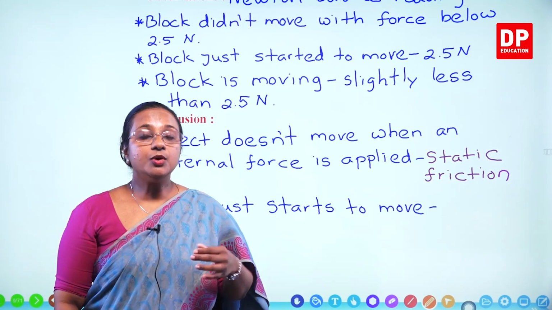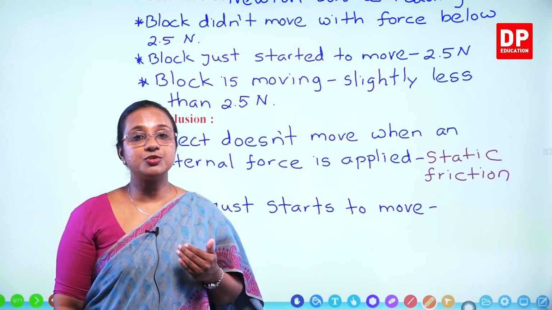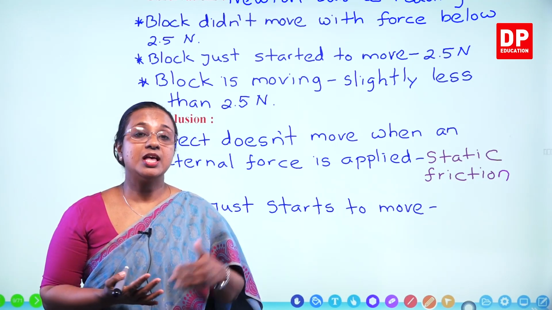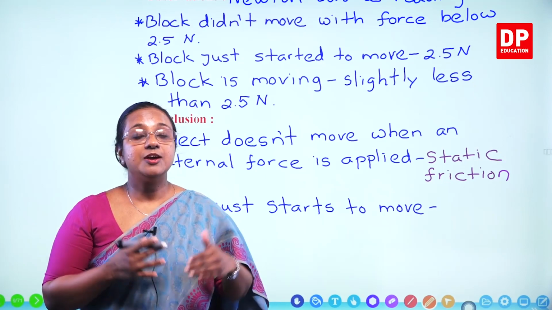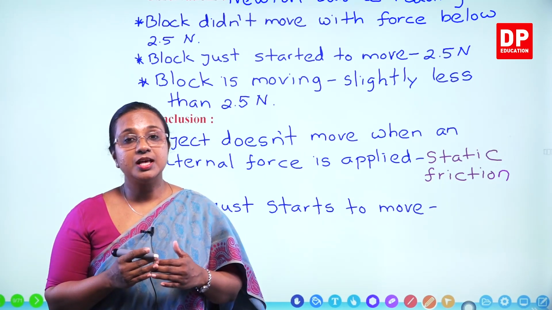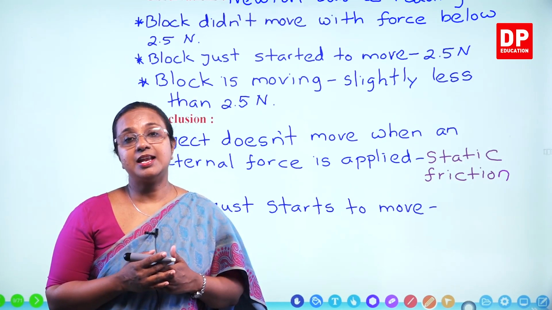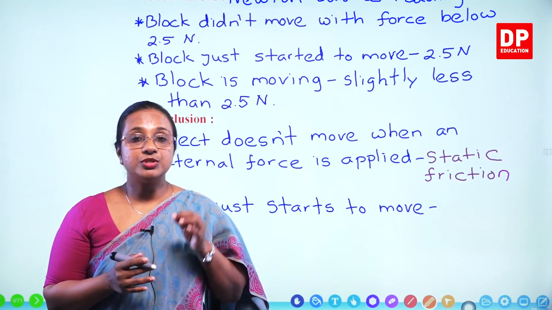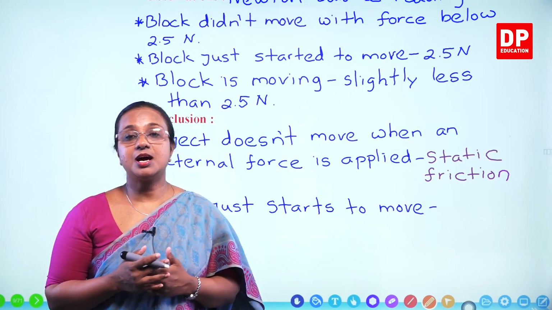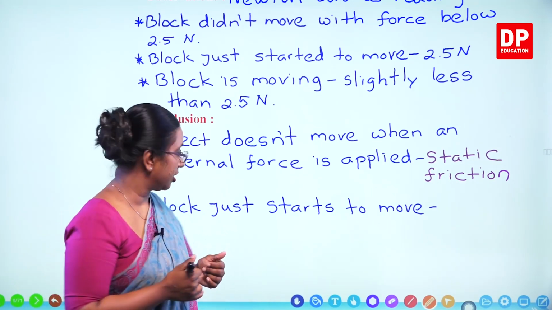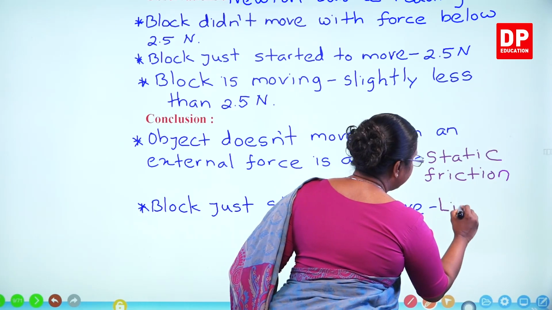That is still the static friction. Then at one point, the maximum possible value for frictional force is reached. Thereafter, the surface cannot increase the frictional force. That is what we call the limiting frictional force. Actually, when we apply a force slightly greater than the limiting frictional force, there will be an unbalanced force, and the block will start to move. But in the activity, we cannot find the force that is slightly larger than the limiting frictional force. Therefore, we take the Newton balance reading when the block just starts to move as the limiting frictional force.